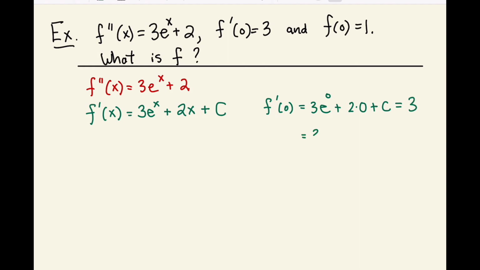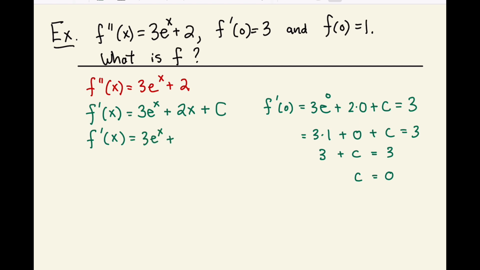So what I have here is 3 times 1 plus 0 plus c is equal to 3. Or in other words, 3 plus c is 3. So c has to be 0 in this case. So my specific particular antiderivative of f double prime is 3e to the x plus 2x.